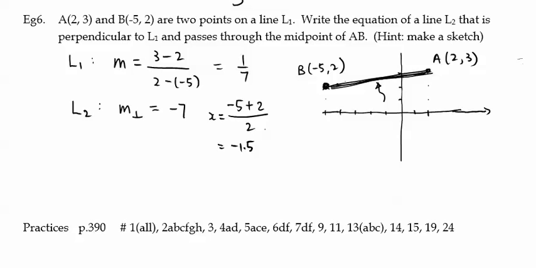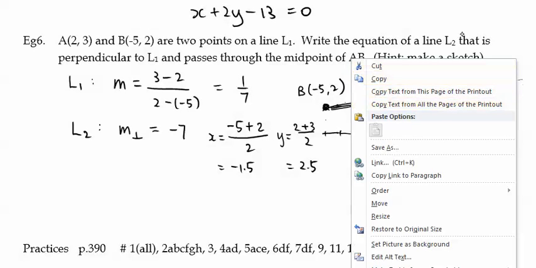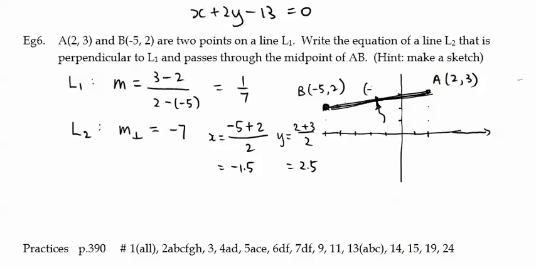Using the same concept, the average of the y-coordinates, that's 2.5. Looking at the picture, we probably have this point as negative 1.5 and 2.5. This is the point that we will be using.